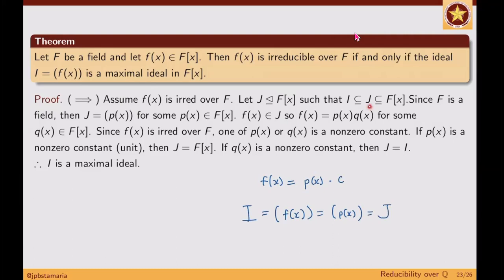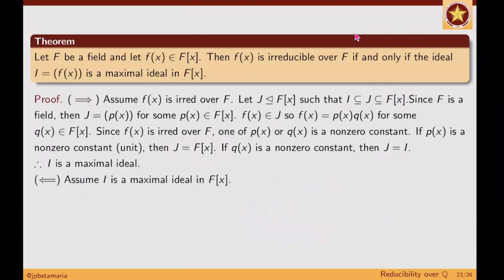Kung kumuha ka ng J sa gitna ng I tsaka ng F square bracket X, dalawa lang ang possibility. Either J is I or J is F square bracket X. What does that prove? It proves that I is a maximal ideal. So we were able to prove this direction.